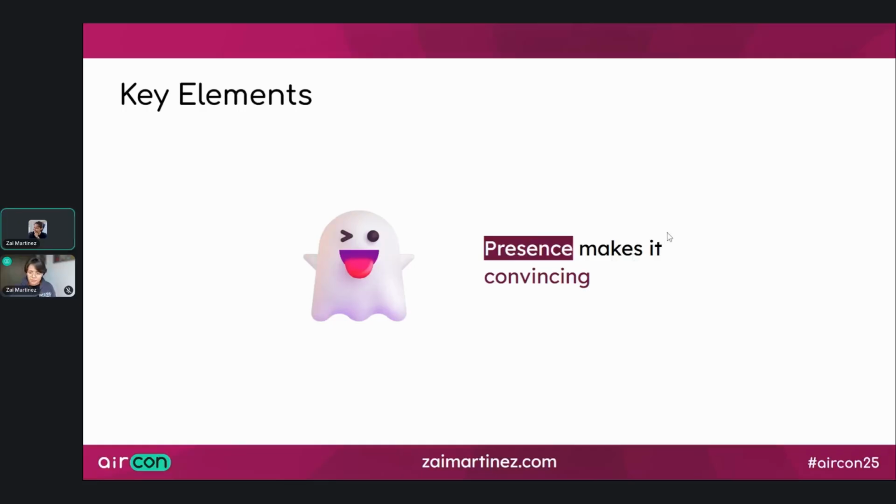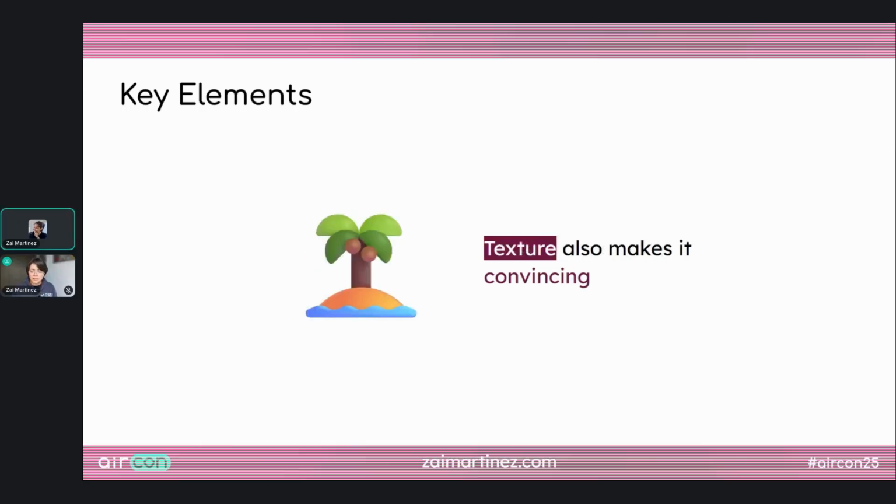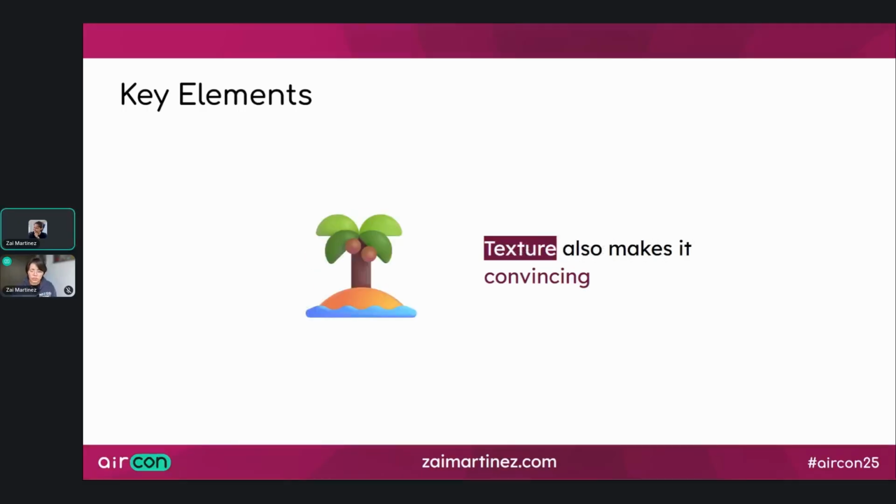And also, what makes our ambience convincing is texture. This one should be easier, because when I think about texture, the first thing that comes to my mind is the rustle of the trees, like the leaves moving with the wind.